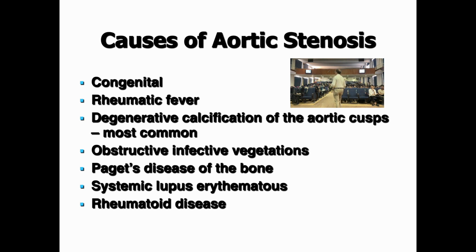In rheumatic fever, invariably the mitral valve is involved to a certain extent. It may be predominantly mitral valve disease, or mitral valve disease may be present along with aortic stenosis. So generally we do not see isolated aortic stenosis in rheumatic fever. Mitral valve is invariably involved. Radiation to the chest.